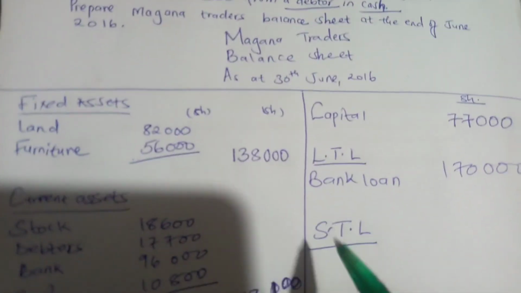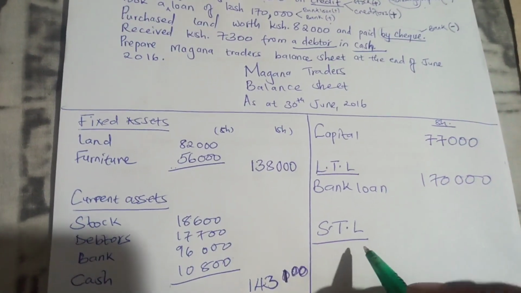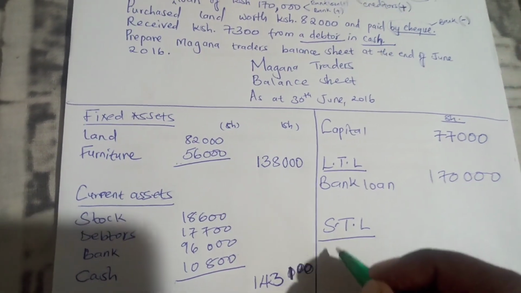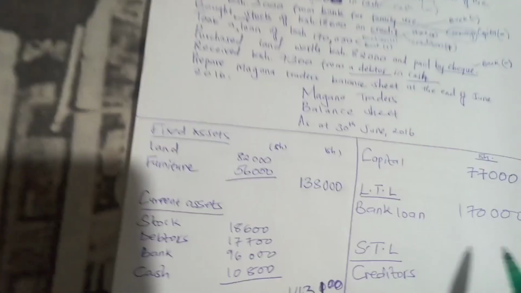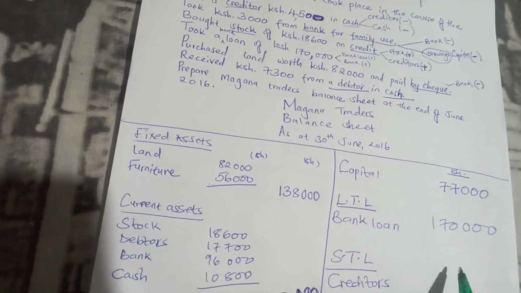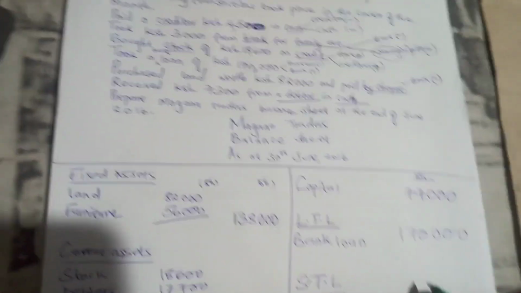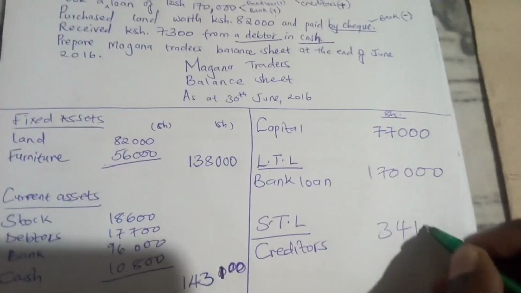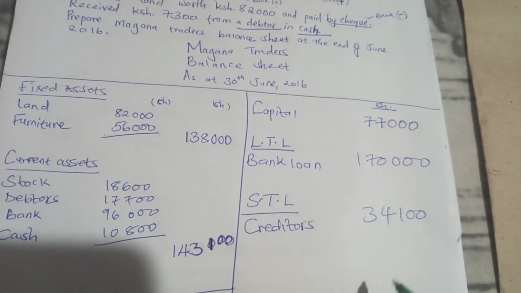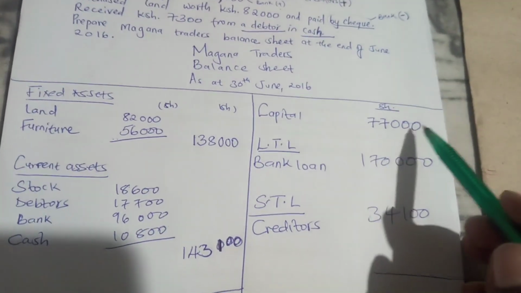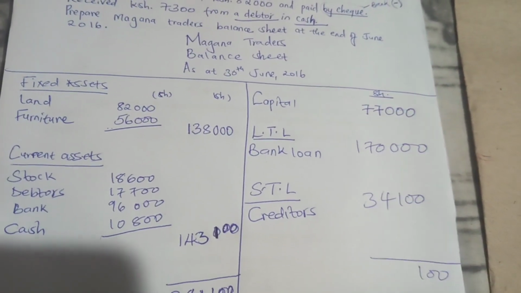You can also refer to it as a current liability. Our creditors amount to 34,100.